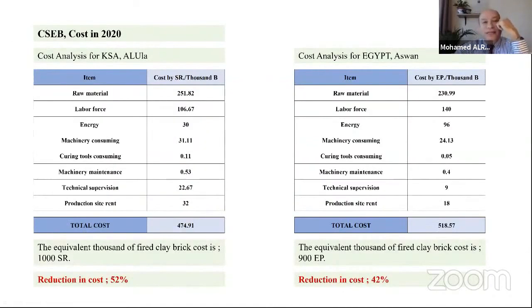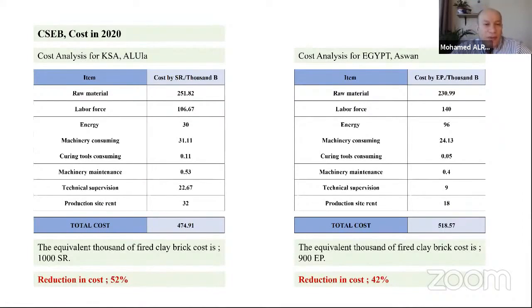I have been working in this field for more than 30 years now, and during this time I developed a formula to calculate the cost to produce the compressed stabilized earth block. And I was asked by the Saudi government last March to apply this formula to calculate the cost of producing compressed earth blocks in a place called AlUla.